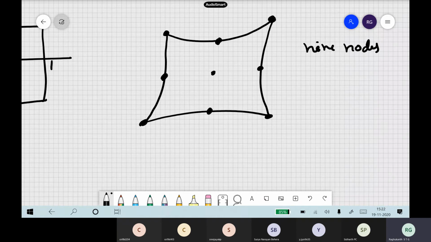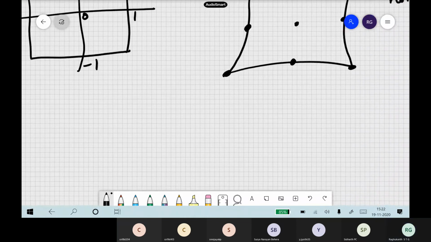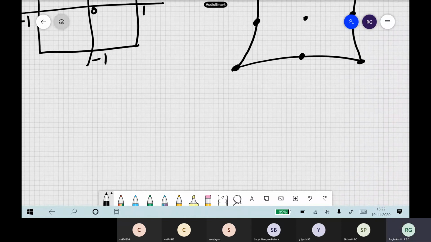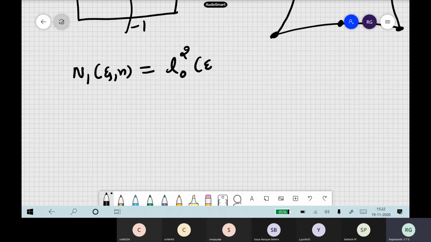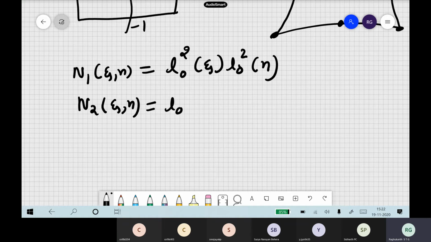And now what will be the shape functions? There will be 9 shape functions, but what will they be? They all will be Lagrangian polynomials. So now you have to increase the order of your Lagrangian polynomials. Now they all become second order: L02 of psi and L02 of eta, so this is our n1. Then we have n2, which becomes L02 of psi and L21 of eta.